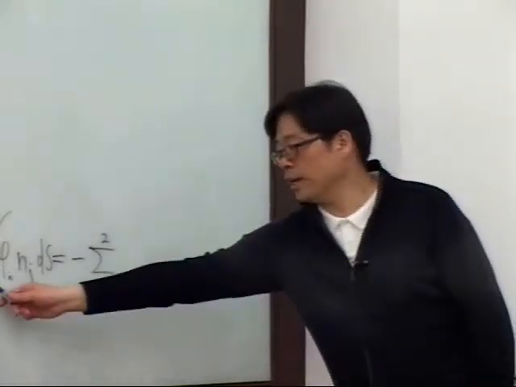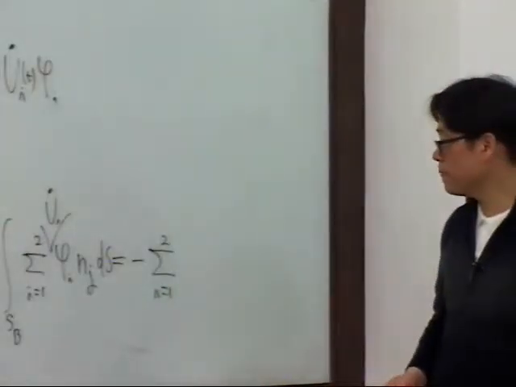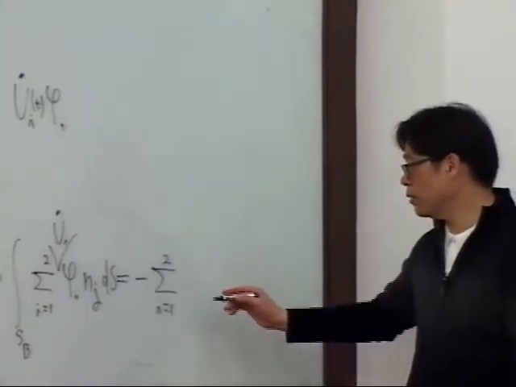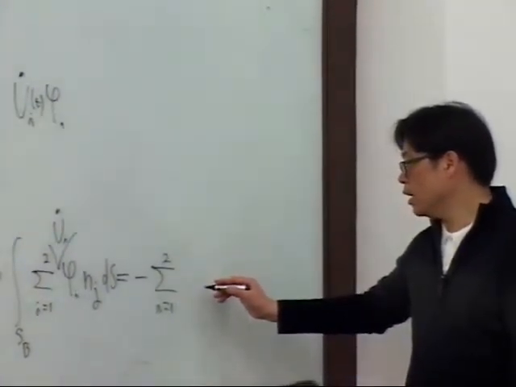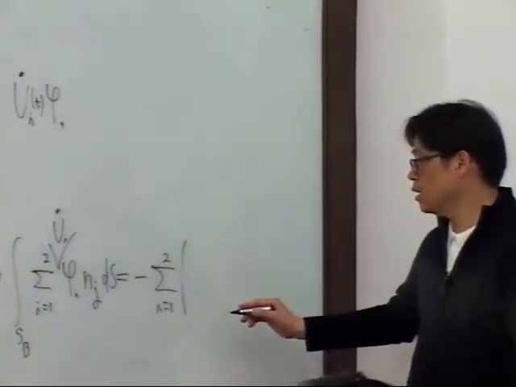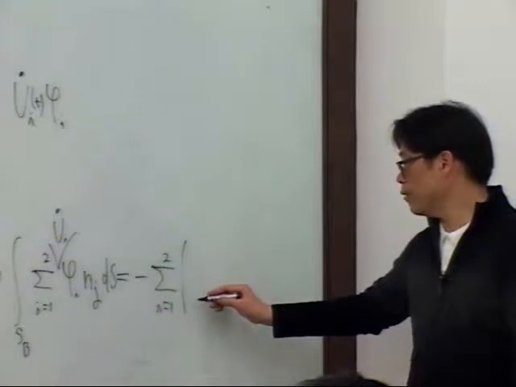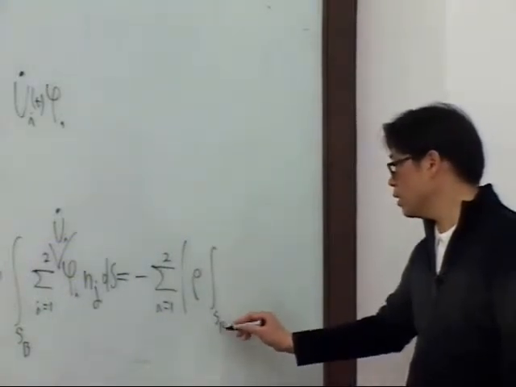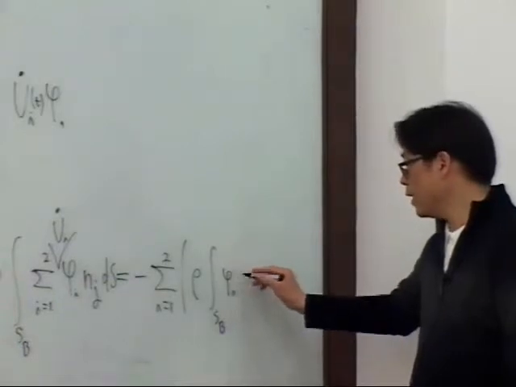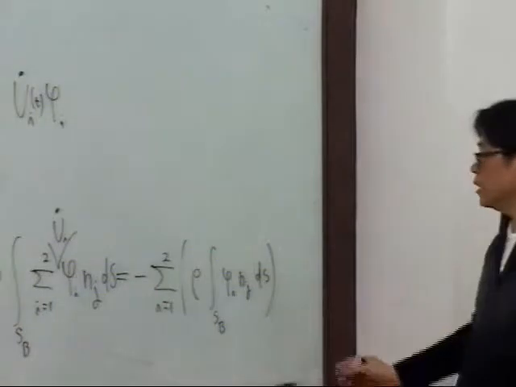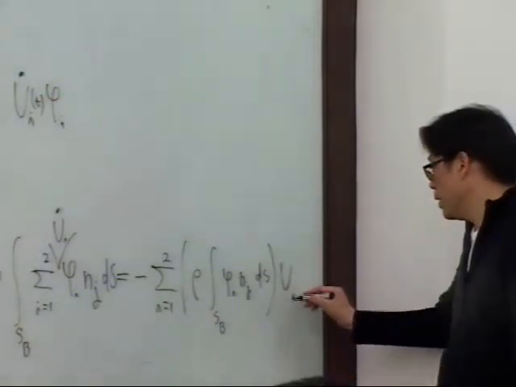Because I left my summation here. When I pull out the summation, I can pull out ui outside. So I have a rho integration of phi_i n_j dS times ui dot.